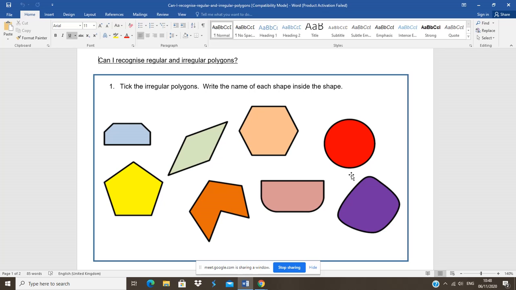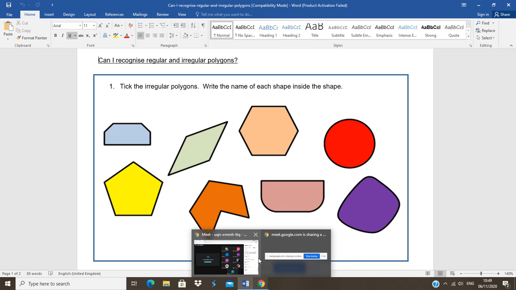The circle does not have straight lines, but is only a curve that is joined together to form what we call a circle. So if you see a circle on your quiz, you will know that this is not a polygon at all. Right? So let's look at the other one, which is the purple one.